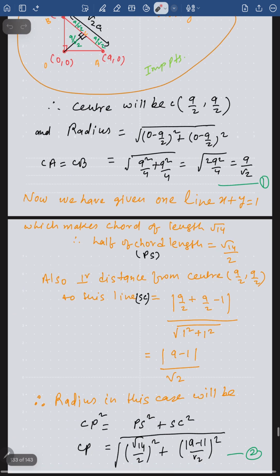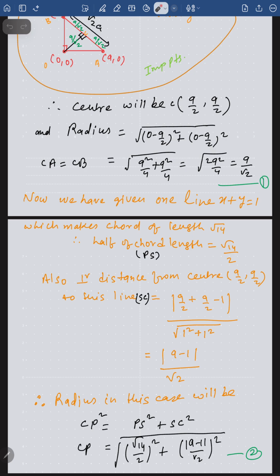Again we will find the radius in another case. Now we are given the line x plus y equals 1, which makes a chord of length root 14. Half of the chord length is root 14 by 2, as I have already told you. Therefore the perpendicular distance from the center (a by 2, a by 2) to this line will be SC.